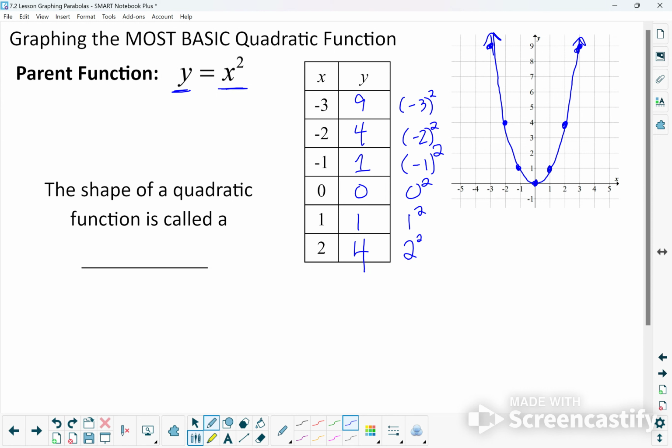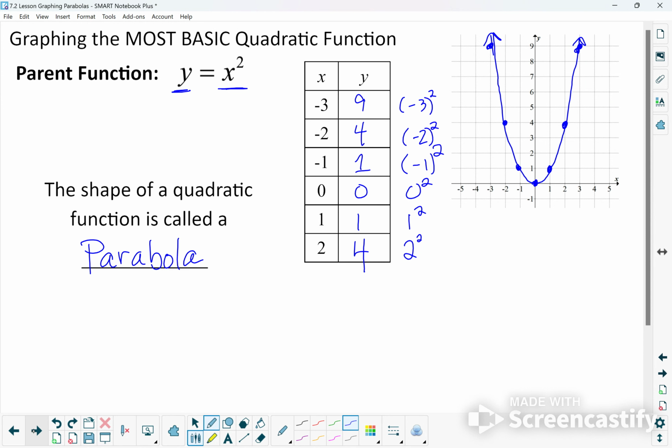In math, this shape actually does have a name. The shape of this function is called a parabola. And all quadratic functions will have the shape of a parabola. Just like with our absolute value functions, we can have them stretched or moved around, translated.